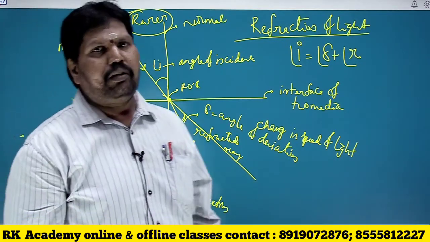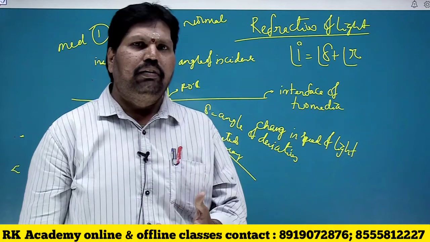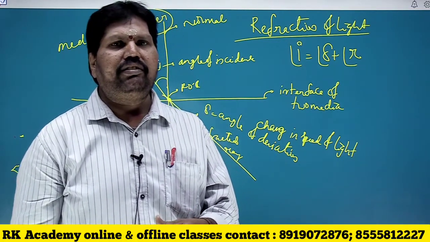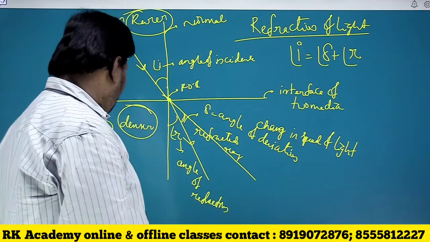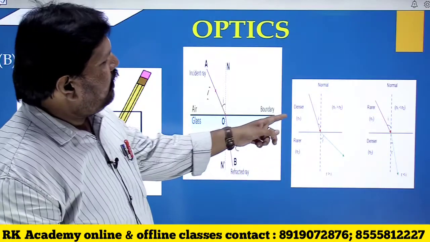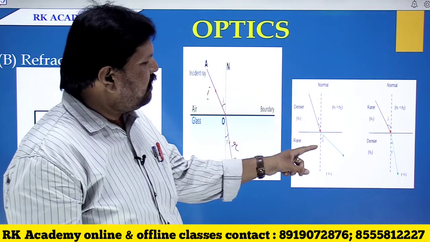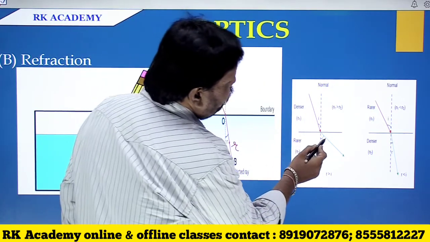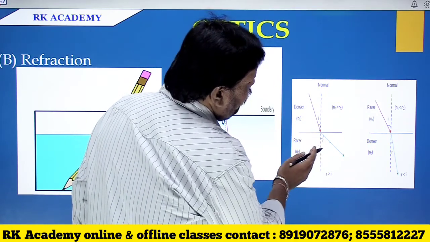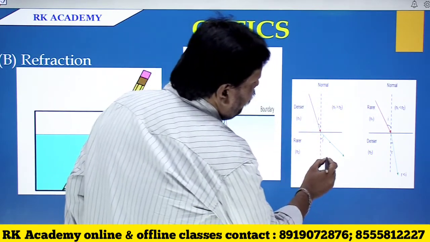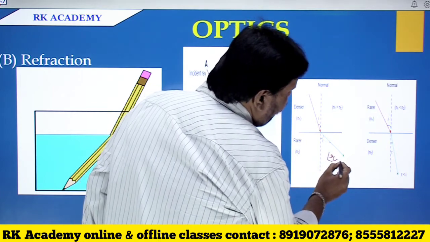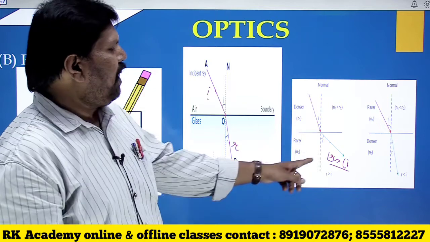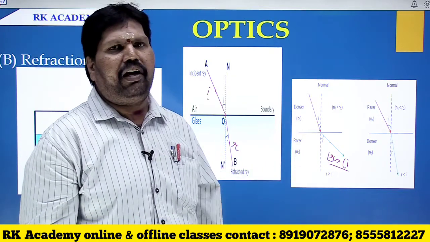Here, if the light ray is passing from denser to rarer, then the refracted ray bends away from the normal. Under this condition, angle r is greater than angle i. The angle of refraction is more than the angle of incidence.